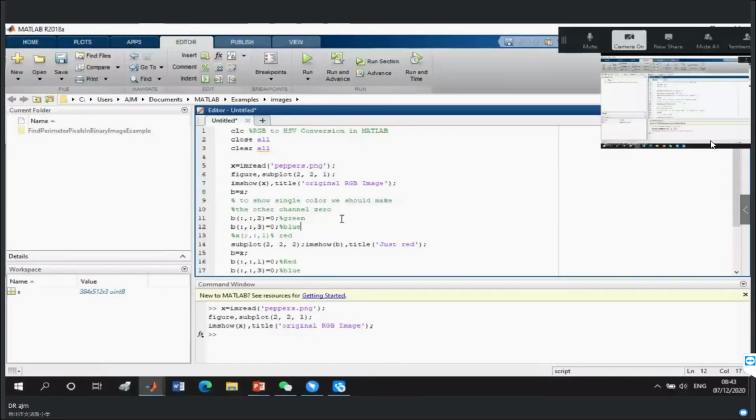If I give the 0 to the second value, I will remove the green value. If I give the 0 to the third value, I will remove the blue part. How can I do that? Simply see this part.